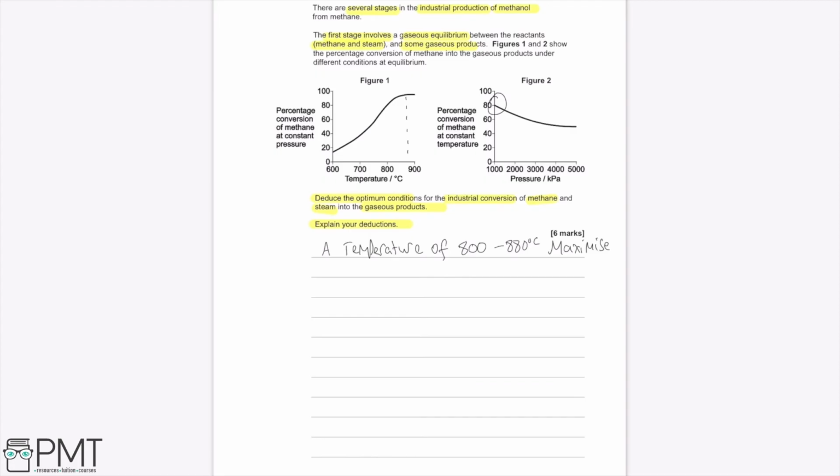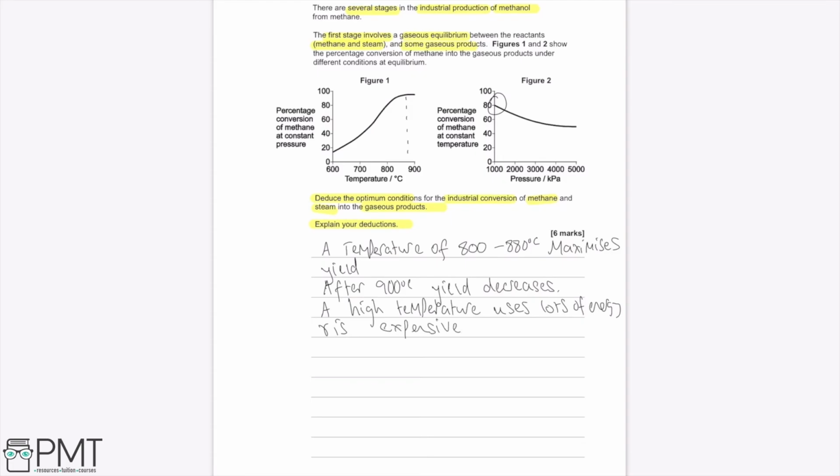If we start with figure 1, we have a relationship between temperature and the percentage conversion of methane at constant pressure. If we analyse closely, we can see that a temperature between 800 and 880 degrees Celsius maximises the yield, where after 900 degrees Celsius, the yield no longer increases.